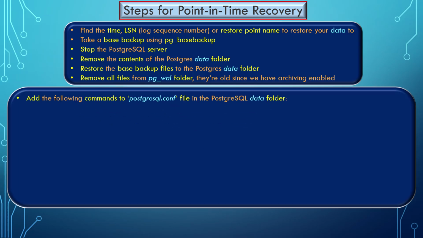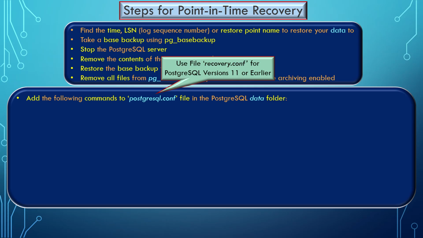Now we add the following commands to the postgresql.conf file located in the PostgreSQL data folder. Note that for PostgreSQL versions 11 or earlier, these commands will need to be added to the recovery.conf file.